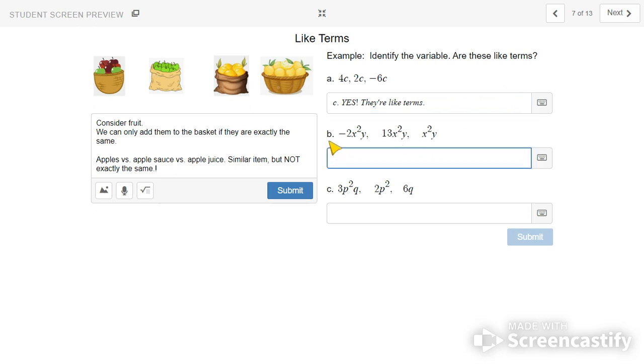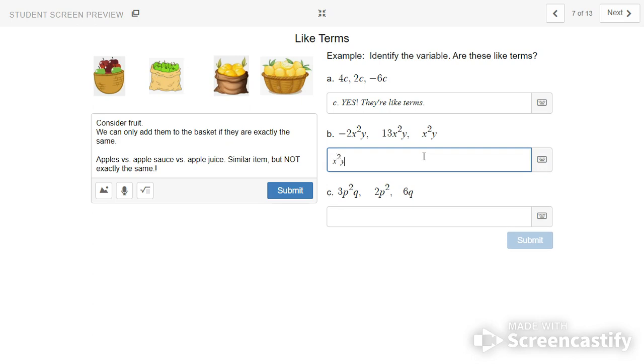Okay, let's look at example B. Negative 2x squared y, 13x squared y, and x squared y. What's the variable we're dealing with? We're dealing with x squared y. Every single one of these terms has x squared y. Yes, these are like terms.